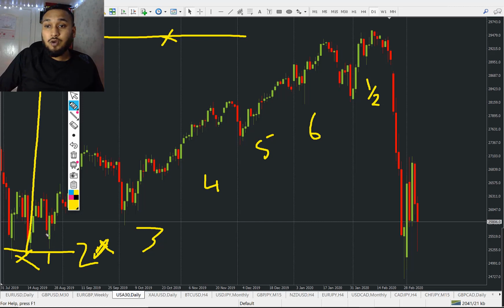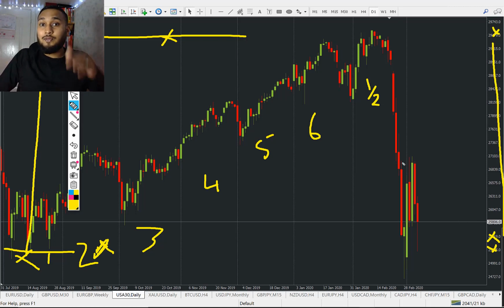It's taken 6 months for price to go from this price, maybe a little bit lower, all the way up to this price. But on the way down, it's just taken 1, 2, 3, 4, 5 days.